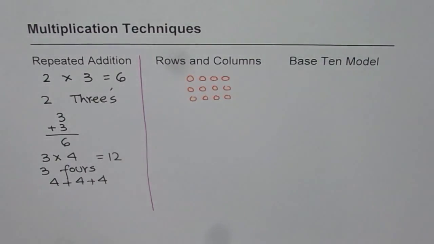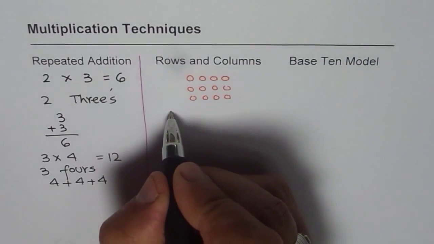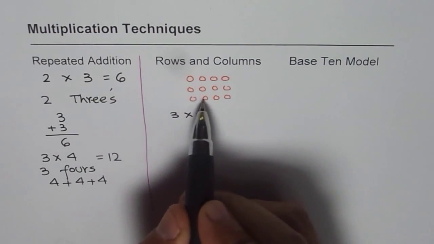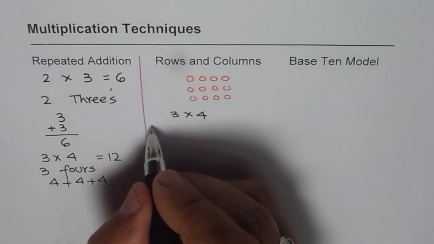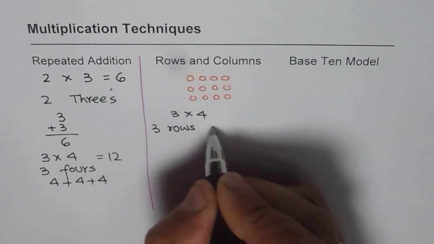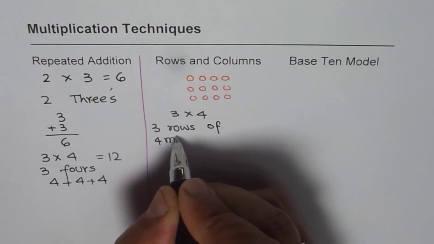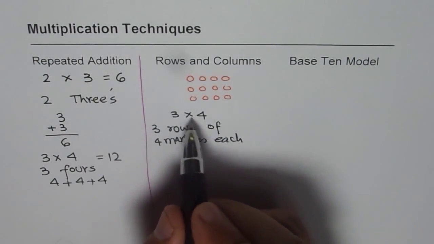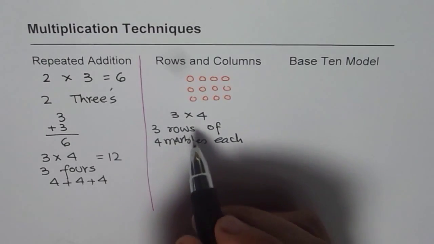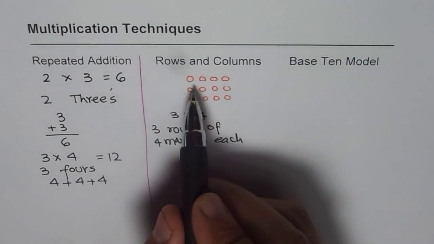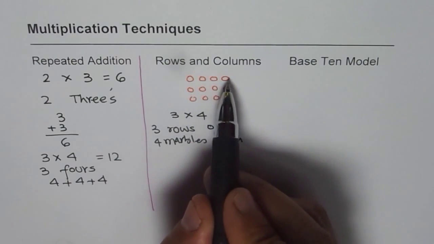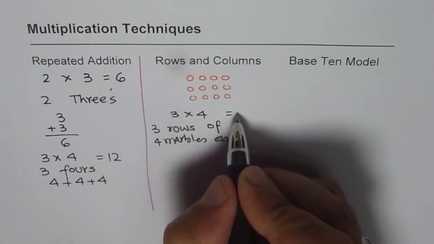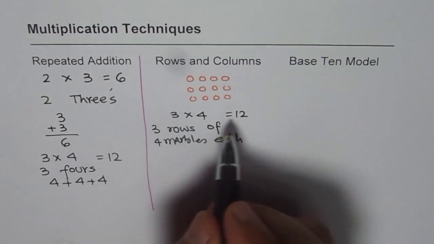We can find the answer by multiplying 3 by 4, since we have 3 rows of 4 marbles each. So 3 times 4 is the total number of marbles here. Let's count them: 1, 2, 3, 4, 5, 6, 7, 8, 9, 10, 11, 12. So that is 12 marbles. 3 times 4 is 12.